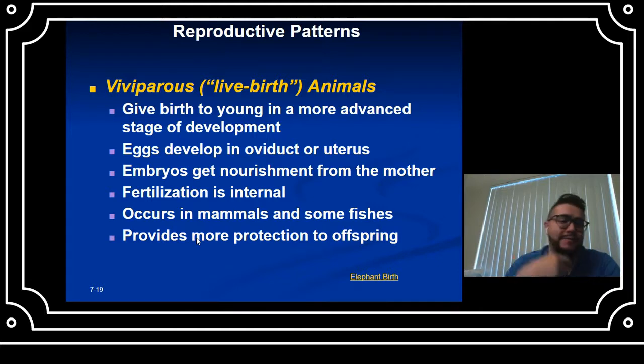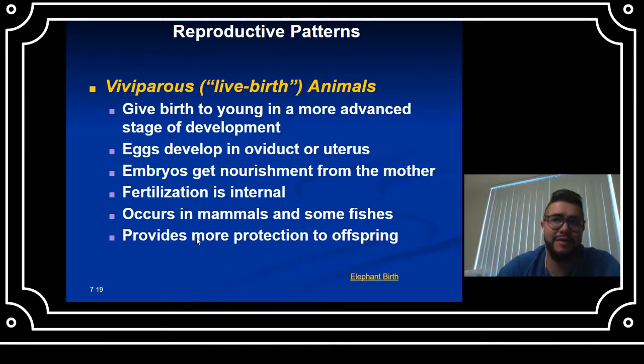Next up is the viviparous birth, and that is basically live birth. This is where the mother provides all of the nutrients and not the egg. So just to compare, right? The difference between ovoviviparous and viviparous is that in viviparous, the mother provides all the nutrients needed for the young to grow inside of her.